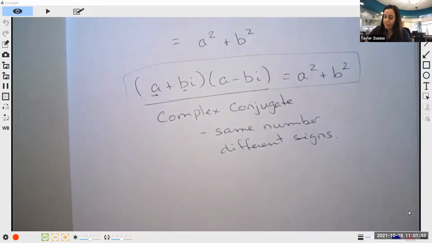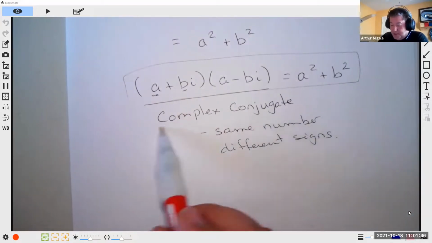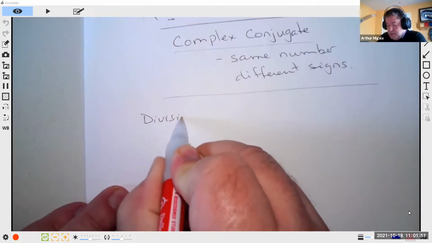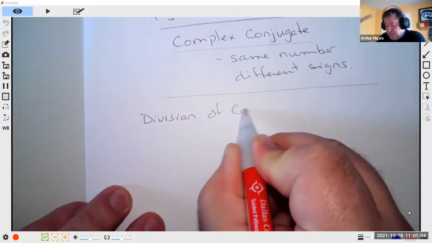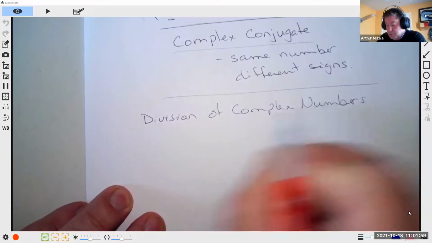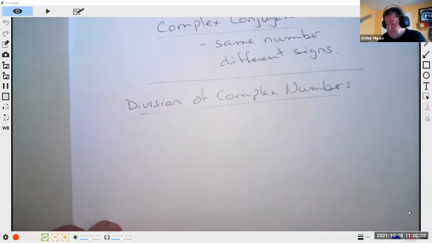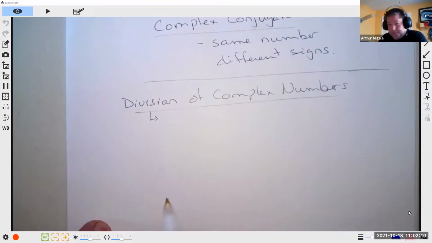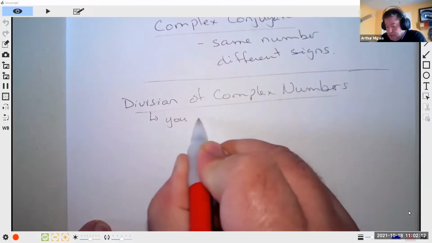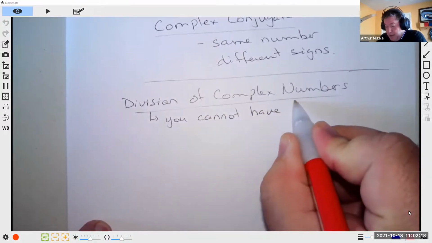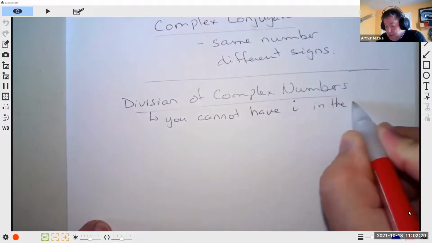Now, there has to be a reason why we introduce the complex conjugates. Division of complex numbers. One rule: you cannot have i in the denominator.